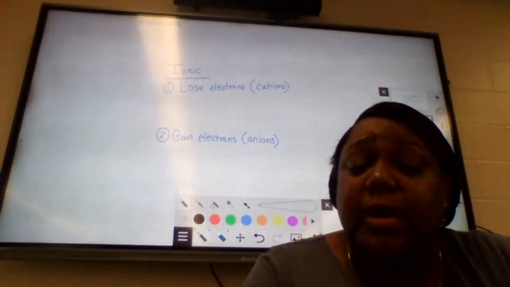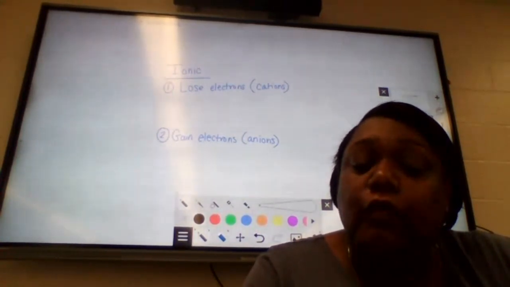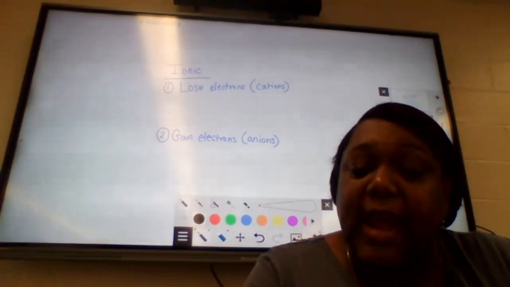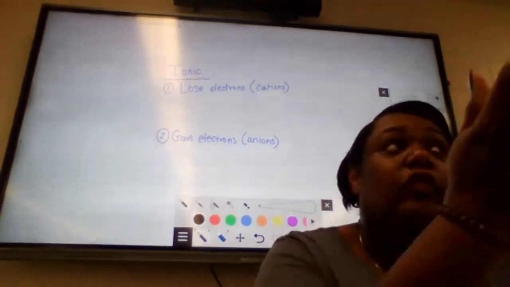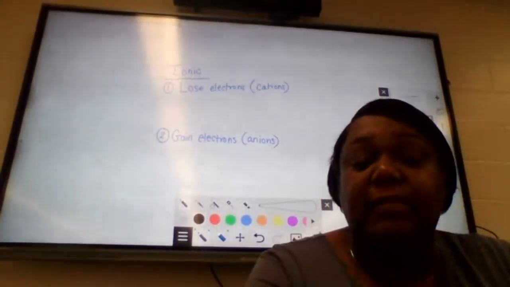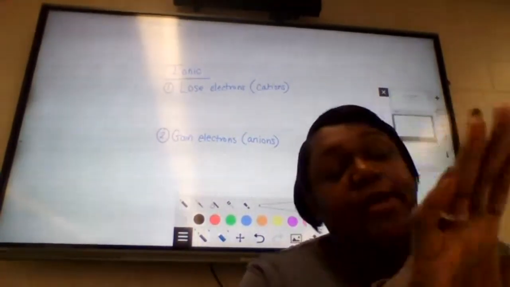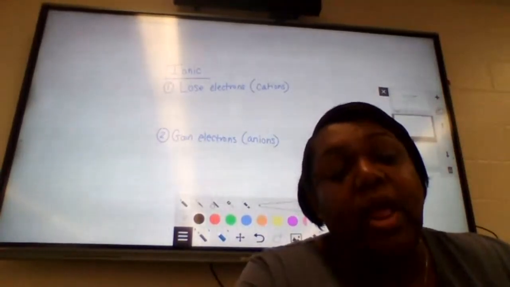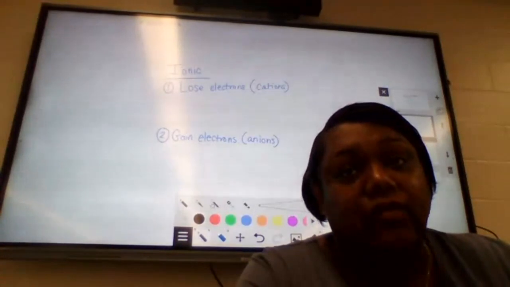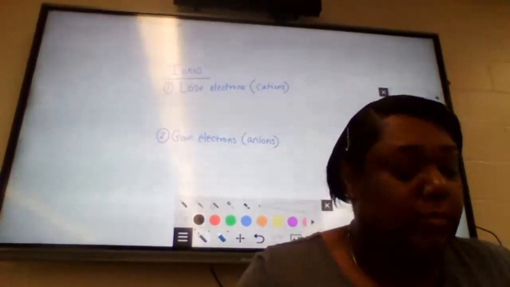You also need to remember that generally on the periodic table, metals will form your cations. They will lose electrons. So metals, those elements that are on the left side of the periodic table, they're going to lose electrons. And your nonmetals, those elements on the right side of the periodic table, they're going to gain electrons because they're trying to get to 8.